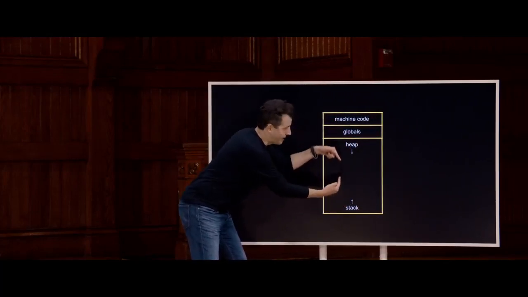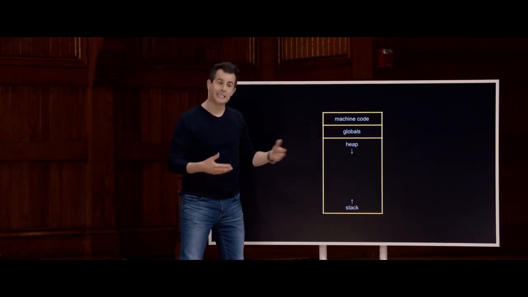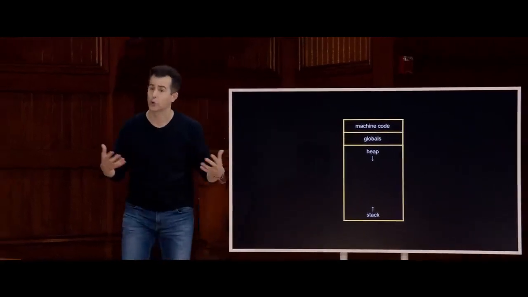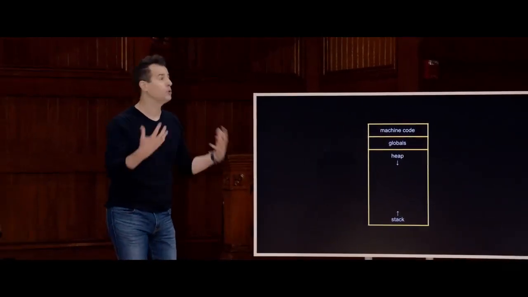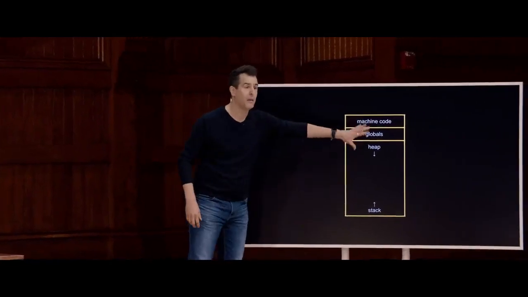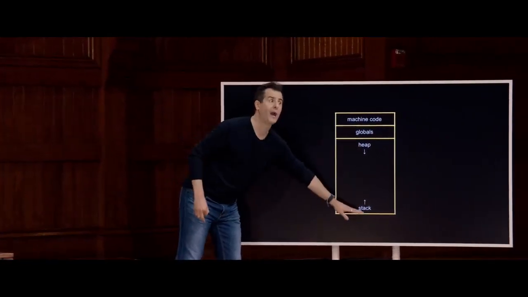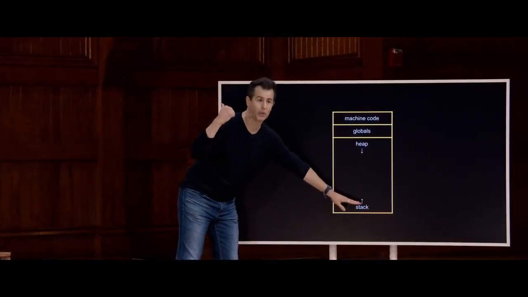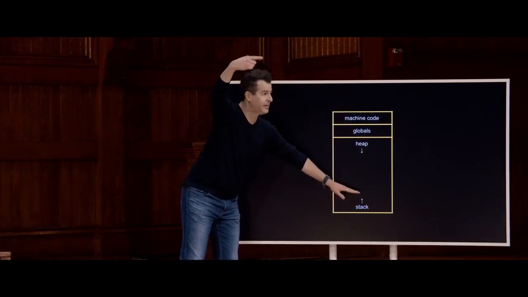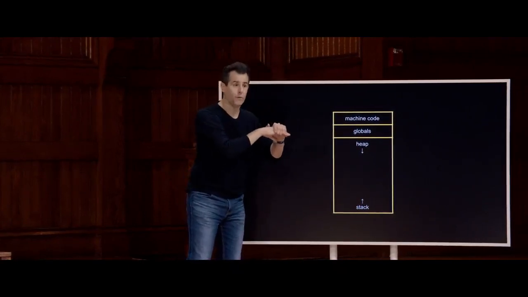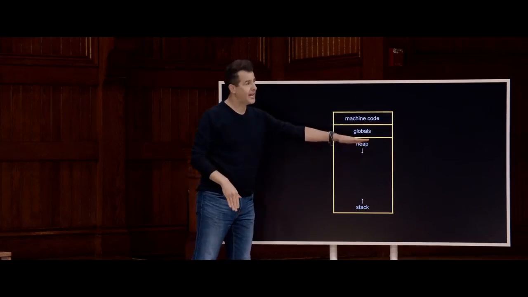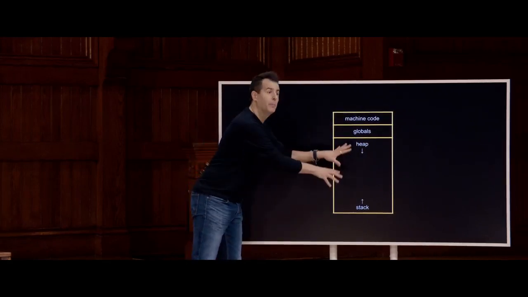Now you can kind of see where bad things can happen. And indeed, one of the other reasons computers can crash is if you ask for way too much memory from the heap by calling malloc many, many, many times, or if you call way too many functions, or accidentally, per last week, you recurse infinitely many times, you might have a segmentation fault. And that's because you're using too much stack memory. So this is bound to be a problem eventually.